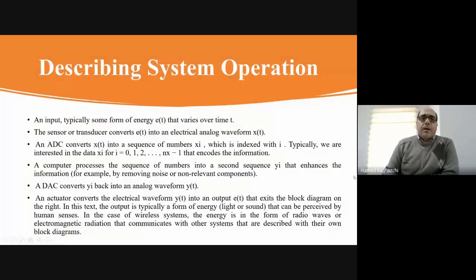Again, I explained everything that I'm talking about here. As you see, I talked about the input, the sensor, the ADC converter, the computer process, the DAC block, and at the end I talked about the actuator.